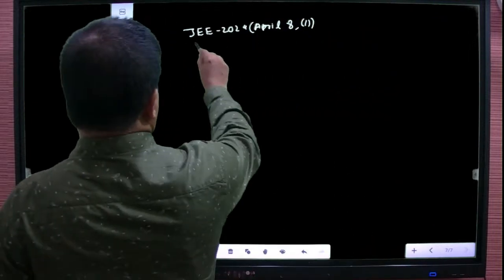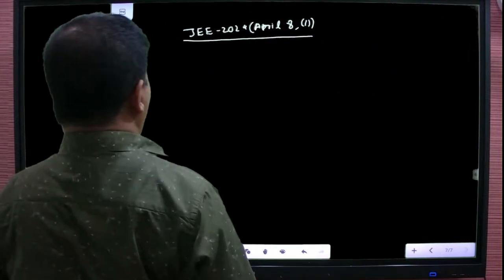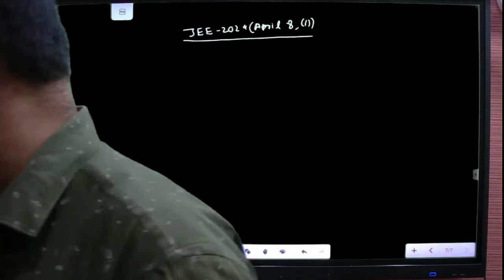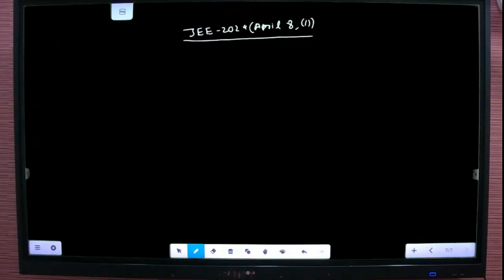Now one sum which came in JEE 2024, 8th April, first half. What is the sum?